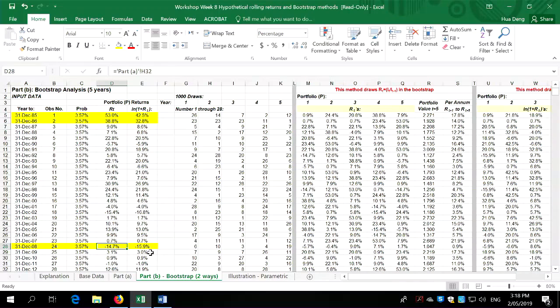The idea of doing Bootstrap is to believe any one of these outcomes has the same probability of happening in the future. If you do want to delete anything from here, you've got to ask yourself, do you really believe that we're not going to have another global financial crisis that makes my portfolio return negative 15%?